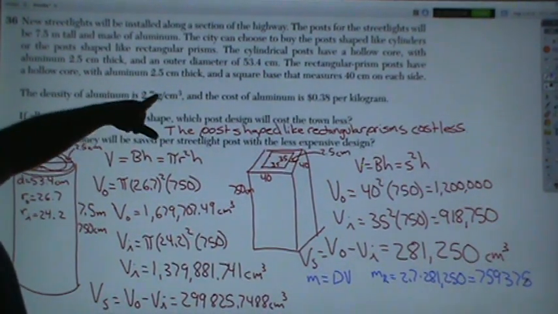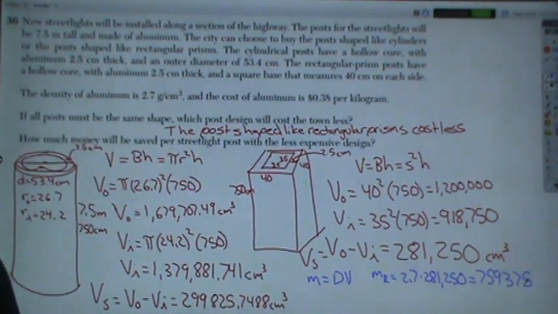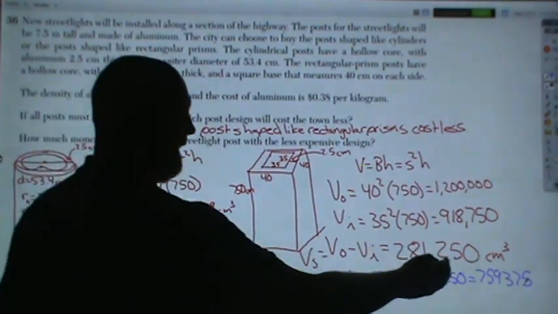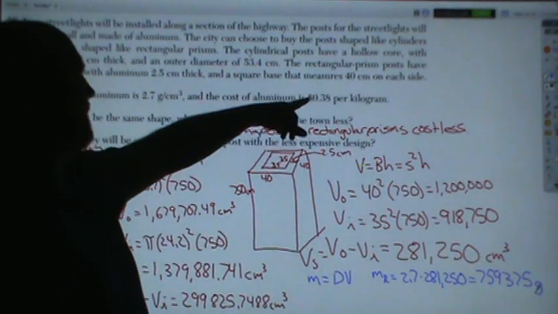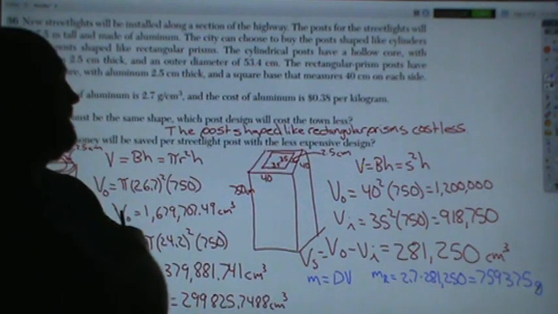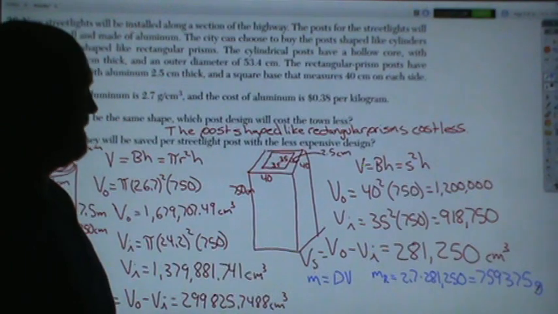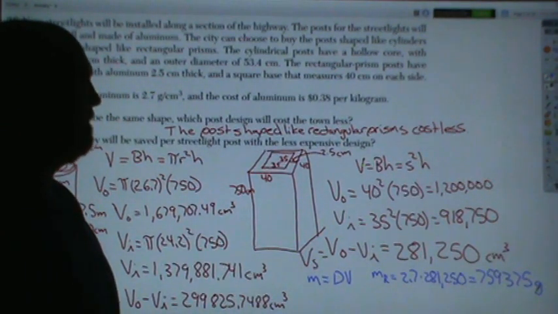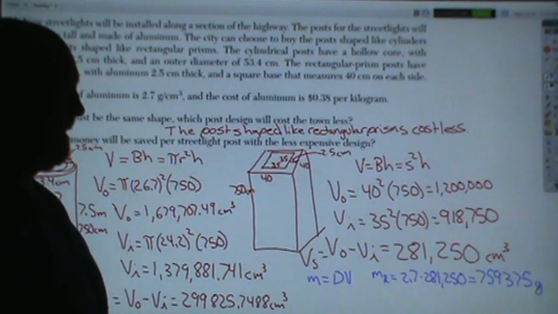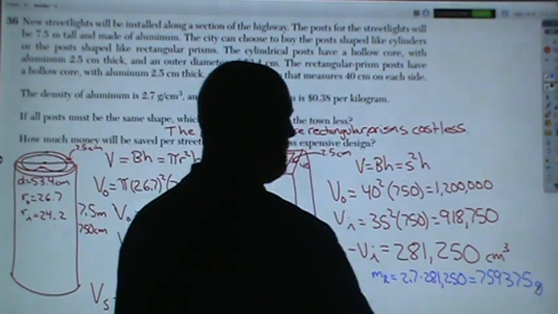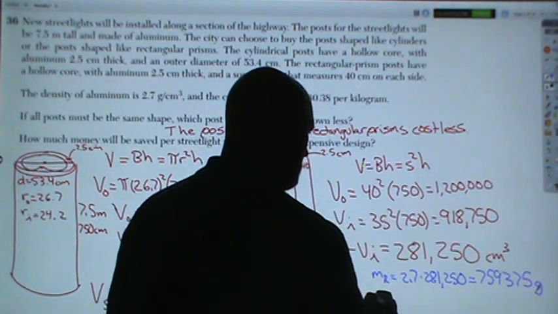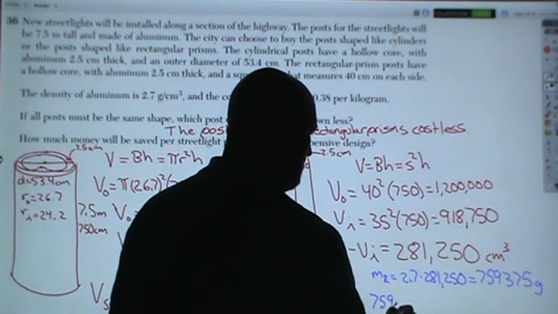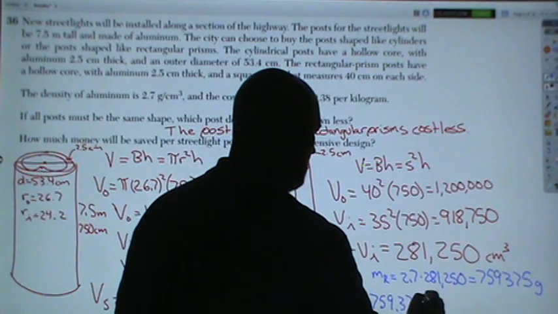So that's grams. It says that aluminum costs 38 cents per kilogram. So to change grams to kilograms, I have to move my decimal to the left 3 places. So this is 759.375 kilograms.